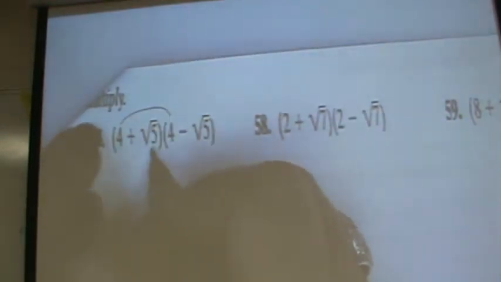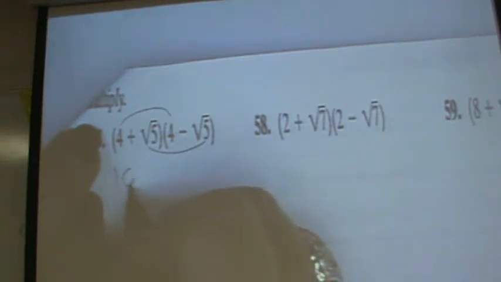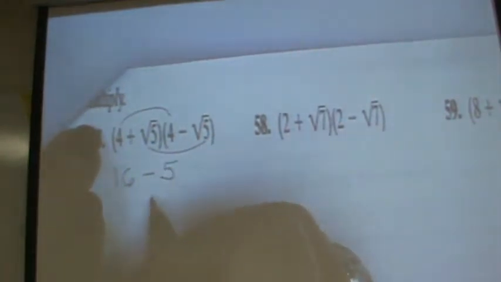Okay, we have some more of these. These are conjugates. These are easy because you're foiling, but you're noticing that you have opposite signs. So all you have to do is the firsts and the lasts. It's going to be 4 times 4, which is 16, and then minus root 5 times root 5 is 5. So you have 11.